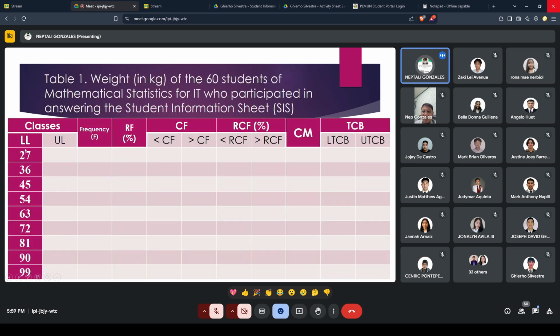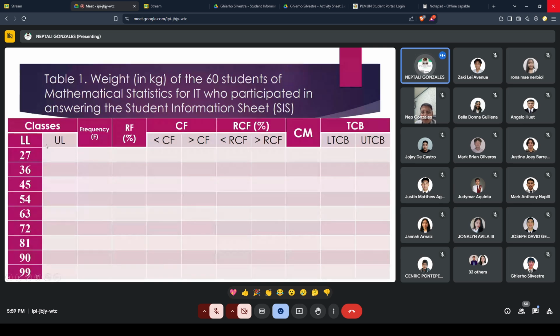Completing everything, the lowest is 27. Next is 36 plus 9, 45 plus 9, 54 plus 9, 63 plus 9, 72 plus 9, 81 plus 9, 90 and plus 9 again, 99.